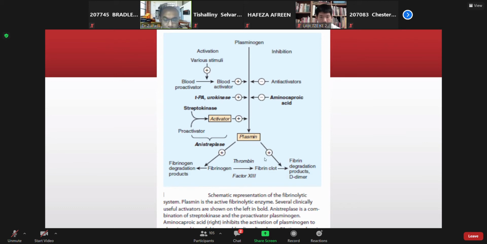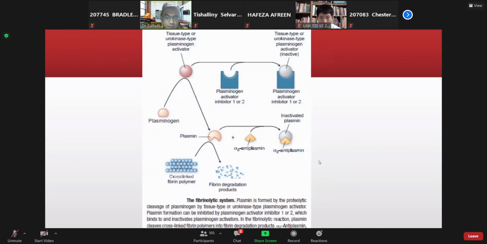Meaning that these activators are useful to convert plasminogen into plasmin, because plasmin will activate the conversion of fibrin to fibrin degradation products, and also break down the fibrin clots. Okay, this one you can do.